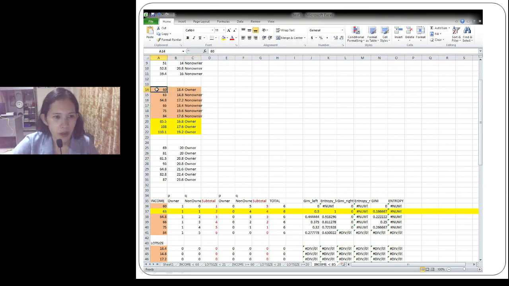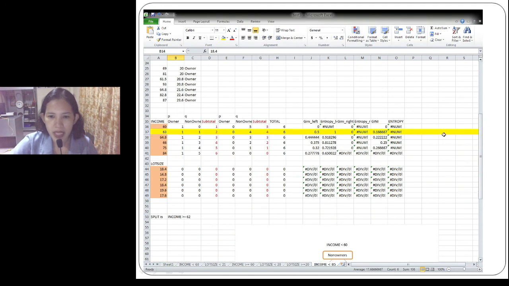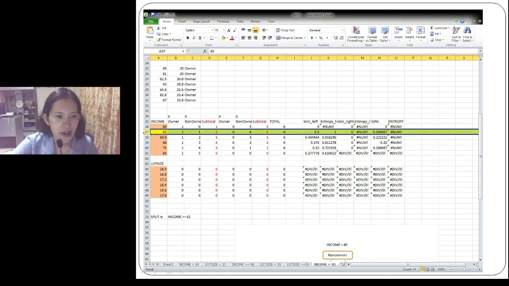So we copy all the income values and the lot size values, and then we find their GINI and entropy. And we find that the GINI of income is less than 63.5, or less than 63.5 will have the least GINI.